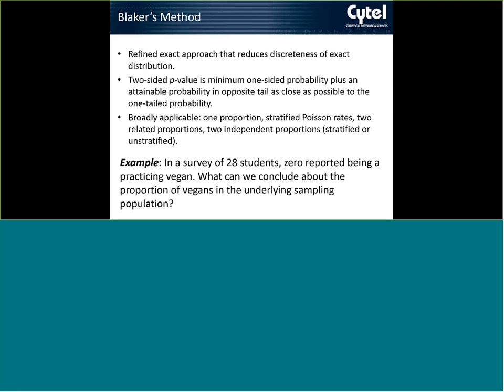And so we have to use some sort of exact method, and the common method is to just use the binomial distribution, do a test based on that binomial distribution, and obtain a confidence interval by inverting that binomial test. That has a name. It's called the Clopper-Pearson interval, but there have been many improvements on that over the years, including this Blaker's method. So I'm going to go to StatXact here.